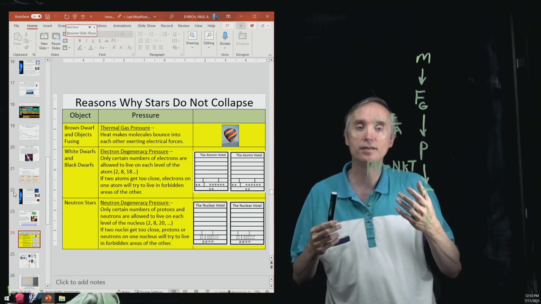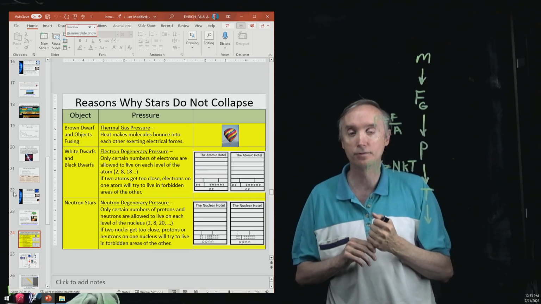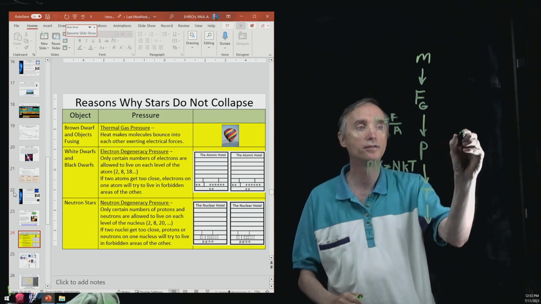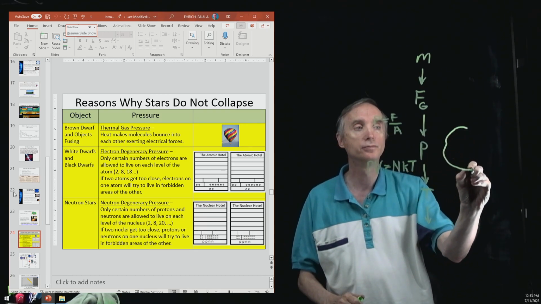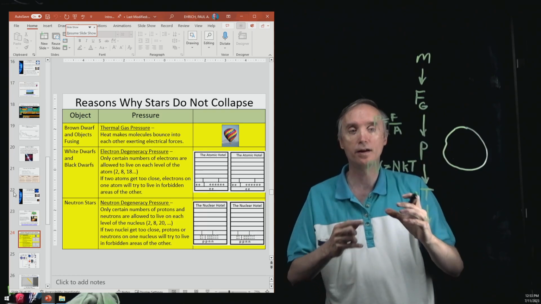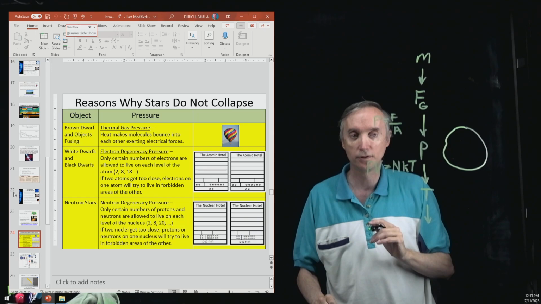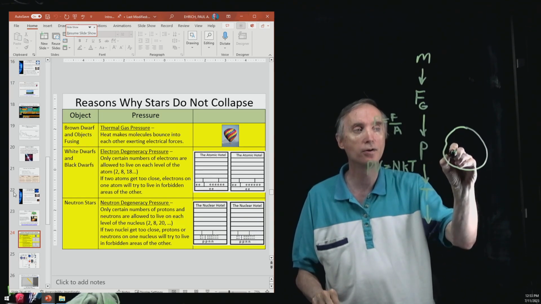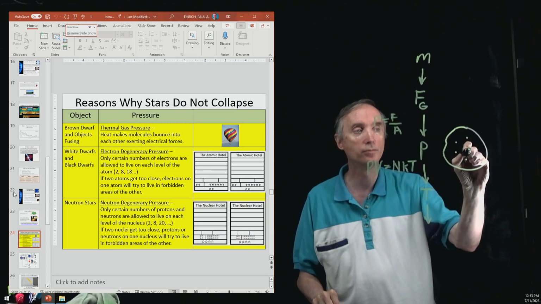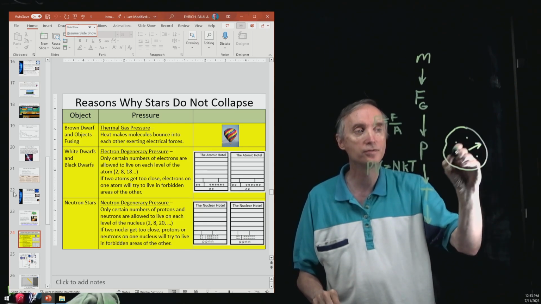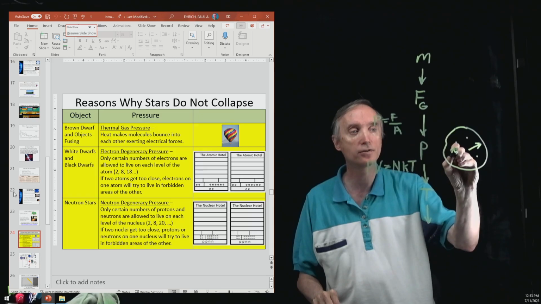So let's say that we're talking about a hot air balloon. If you have a hot air balloon, why doesn't that hot air balloon just collapse and turn into nothing? It's because the air molecules inside the hot air balloon are moving at different speeds and in different directions.